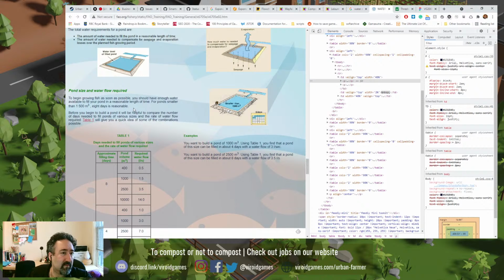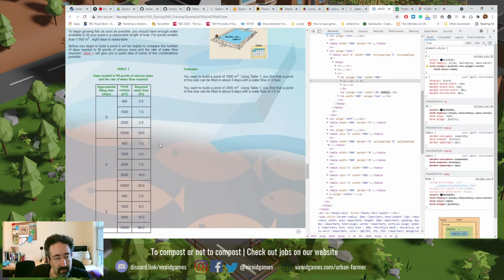How do you fill a swimming pool when there is evaporation going on? 2500 to 25.